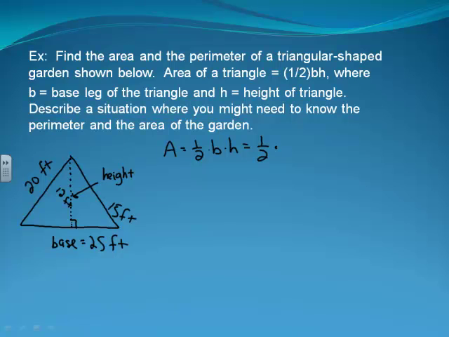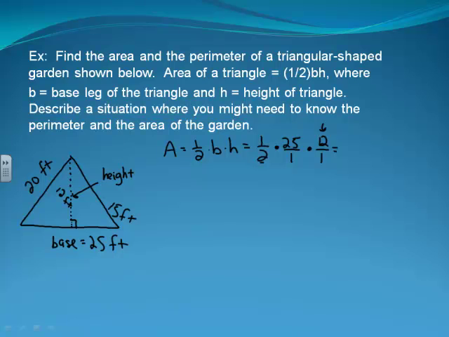We've got 1/2 times our base length is 25, and I'm going to put that over 1 because I'm doing fraction work, times our height is 12 feet. Do the math. Note you can cross-cancel between the 2 and the 12 if you want, since that's all multiplication. I'm going to choose to reduce at the end instead.